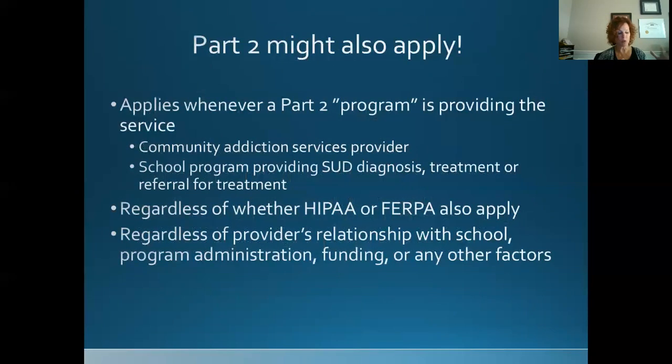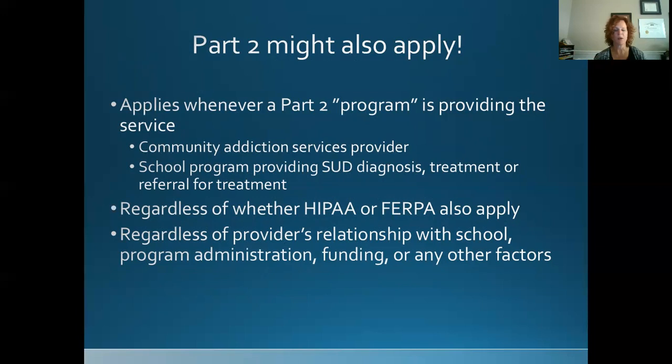And then once we know whether records are HIPAA or FERPA covered, keep in mind that Part 2 may also apply if a Part 2 covered program is providing the service. So that could be a community addiction services provider or a school program providing substance use diagnosis, treatment, or referral for treatment services.